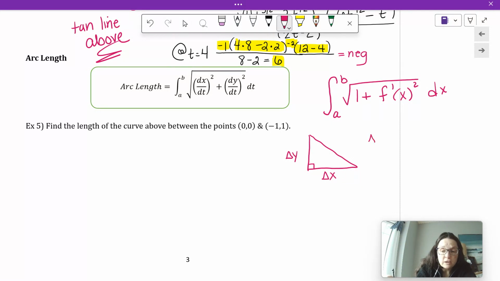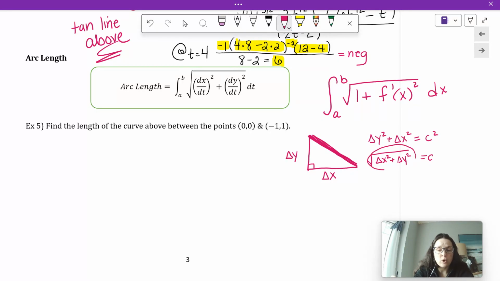If I did delta y squared plus delta x squared equals c squared, and then I solved for c, c is the square root of delta x squared plus delta y squared. So the length of the hypotenuse is the square root of delta x squared, also known as dx, plus delta y squared, also known as dy, square rooted. That's exactly what we have right here.